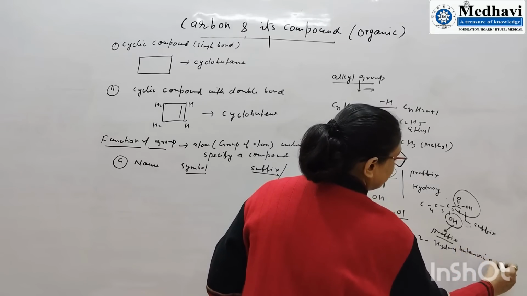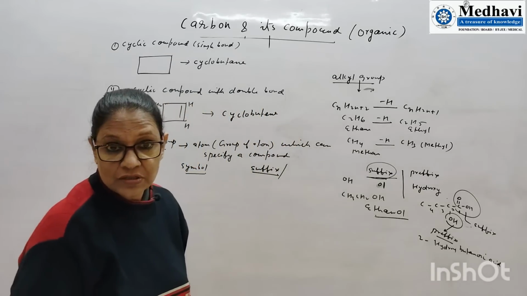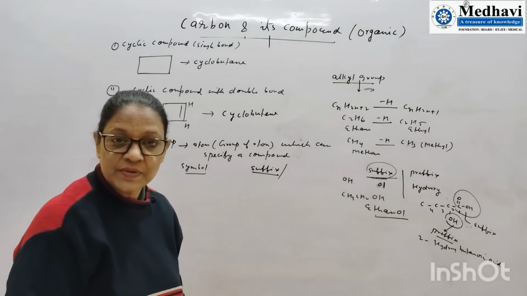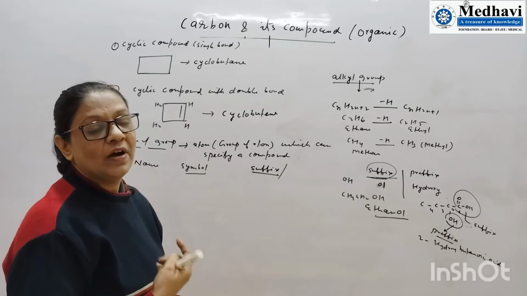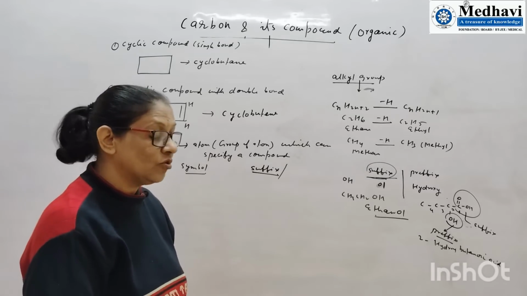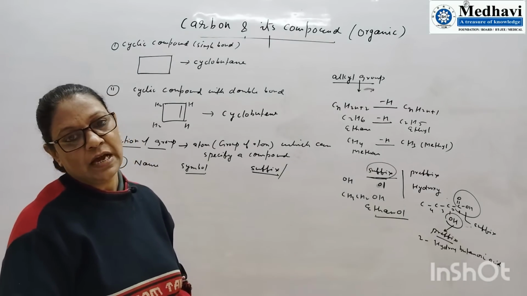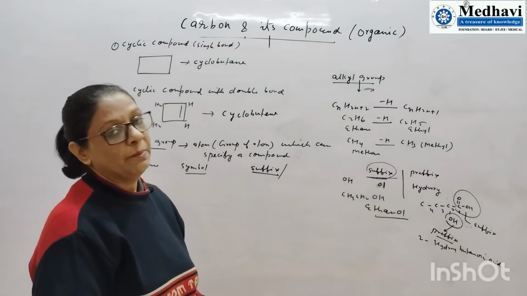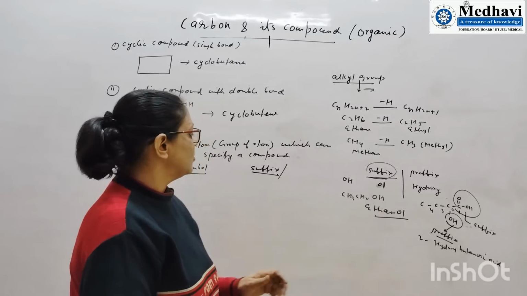So the prefix word we use when another functional group is also present, when multiple functional groups are present in a given compound and one is powerful. The powerful group is used as a suffix group and the remaining functional groups are named as prefix groups. So here this information I have made.